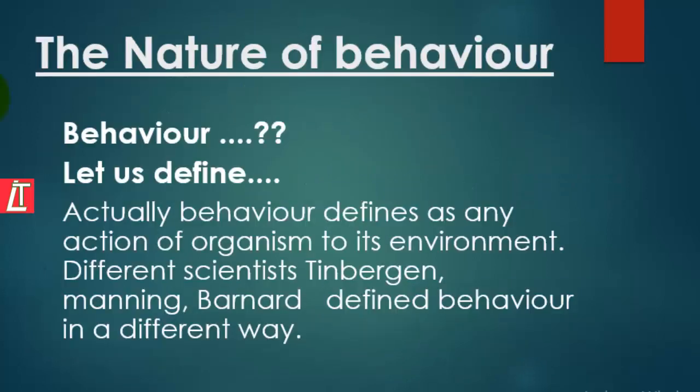The nature of behavior. Let us define behavior. Actually, behavior is defined as any action of an organism in response to its environment. Different scientists, Tinbergen, Manning, and Barnard, defined behavior in different ways.